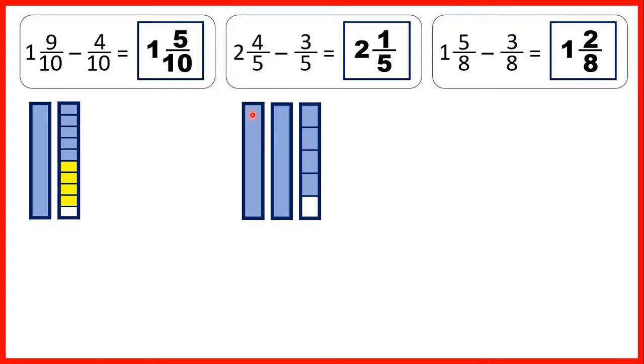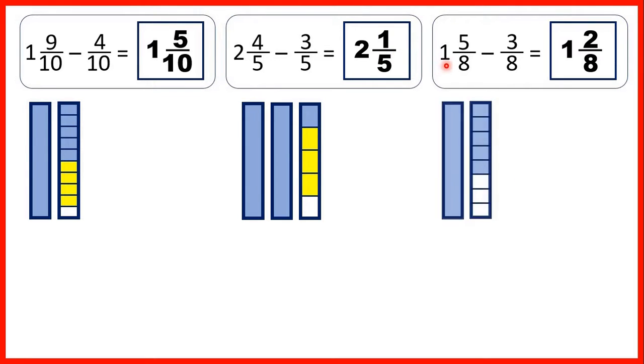Then we had 2 wholes and 4 fifths. We subtracted 1, 2, 3 fifths to get 2 and 1 fifth as our answer. Then we had 1 and 5 eighths. We subtracted 1, 2, 3 of those eighths to give us 1 whole and 2 eighths left in blue, so that's our answer.